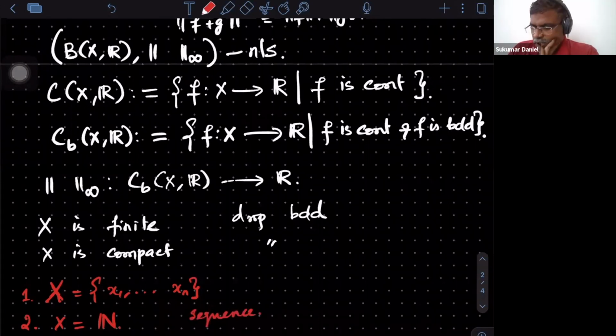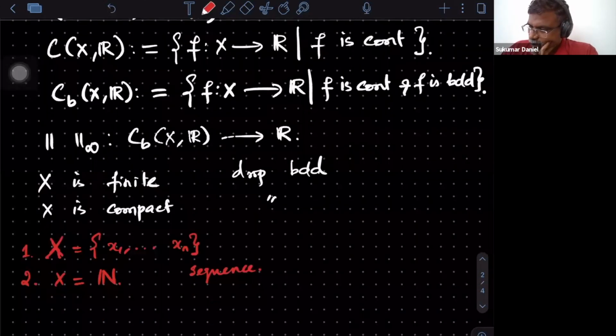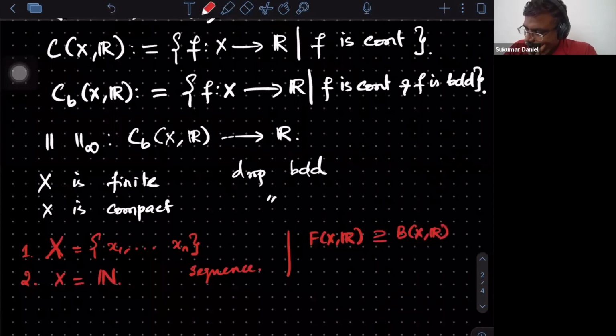And now you can ask the question of what happens when x is replaced in all these spaces. That is, what are all the spaces that we defined? In all the cases, look at what happens to this space, and BXR, which we know is a subset, and then CXR and CBXR.